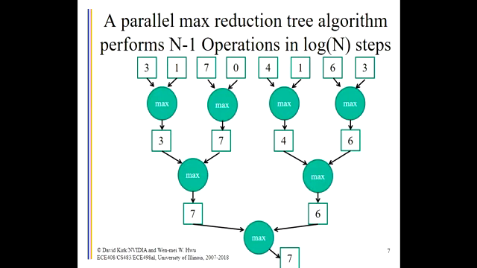It's an imaginary tree, not a data structure tree per se. So what we have here is the initial list, 3, 1, 7, 0, and so on, and we want to find the max value in this list.